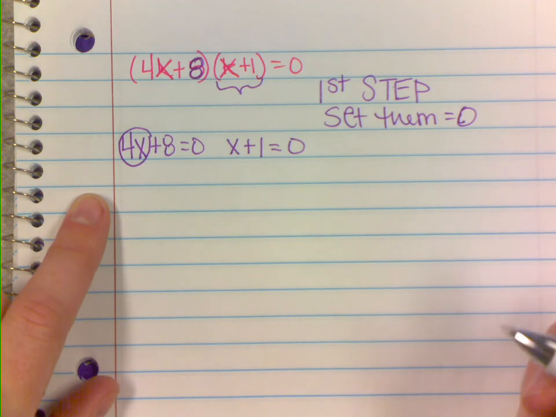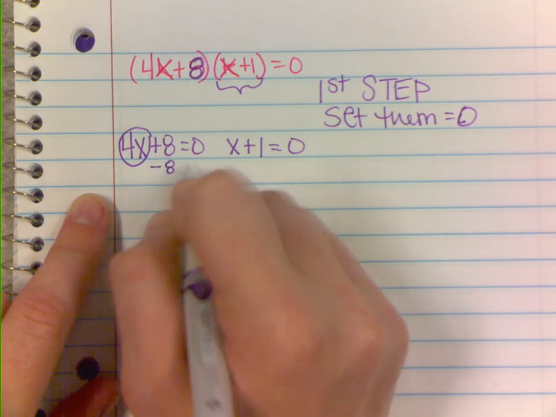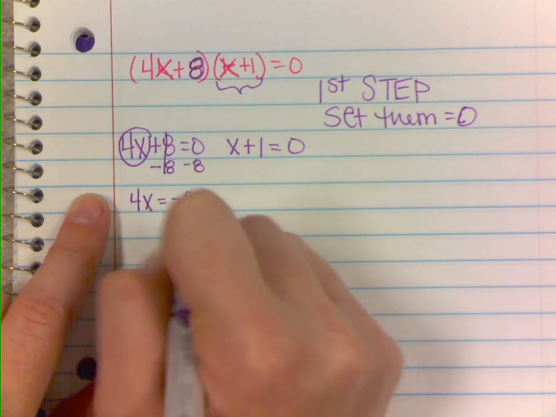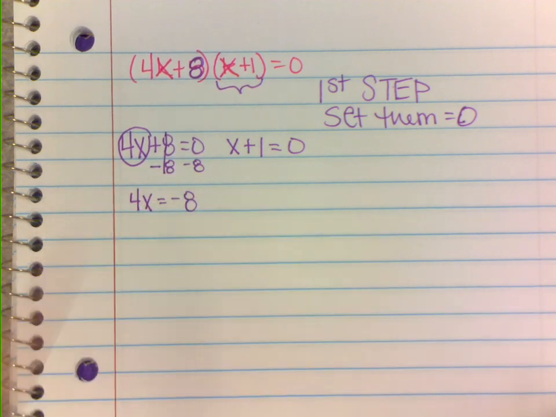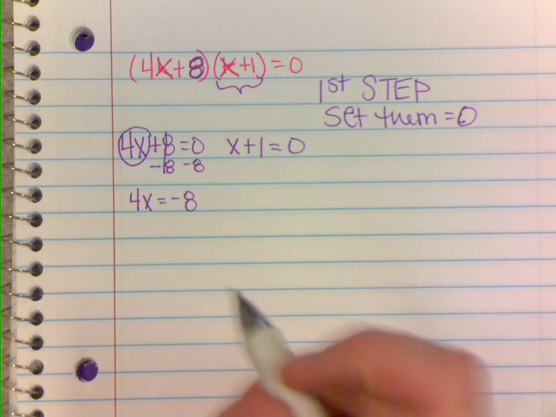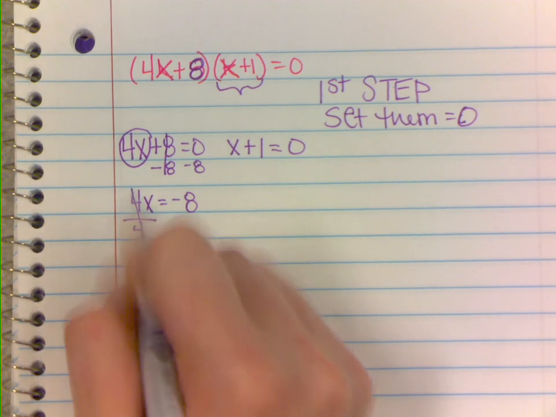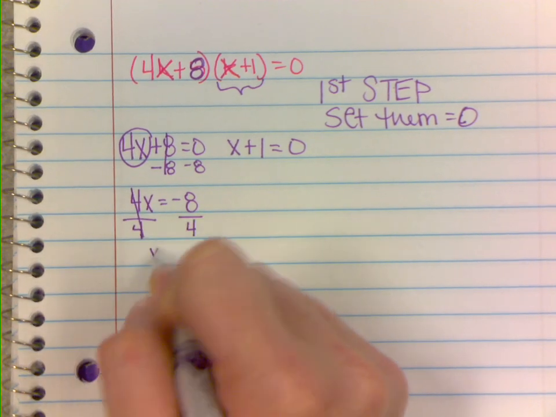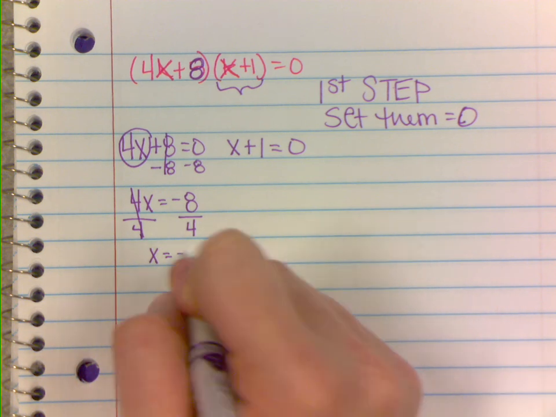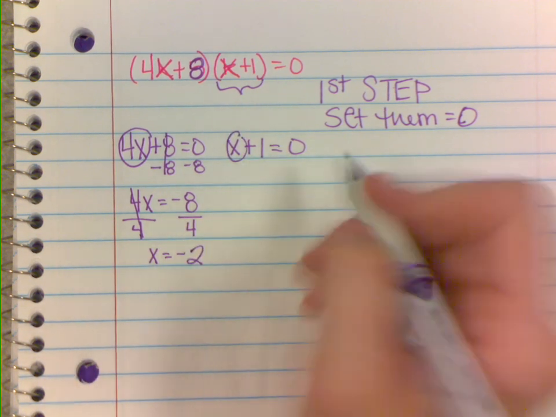What's the opposite of add 8? So 4x equals negative 8. Am I done? Do I know what x equals? No. So what's the opposite of multiply? Divide. What's negative 8 divided by 4? Negative 2. What's the opposite of add 1?